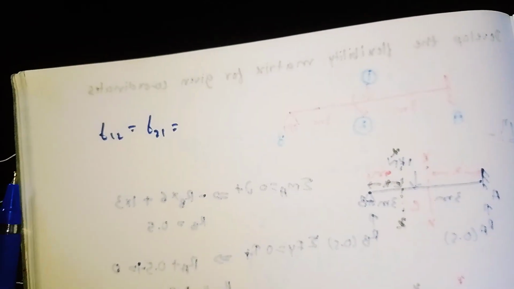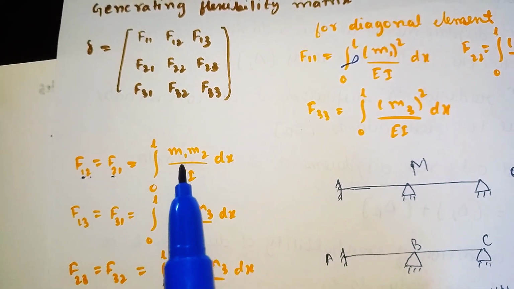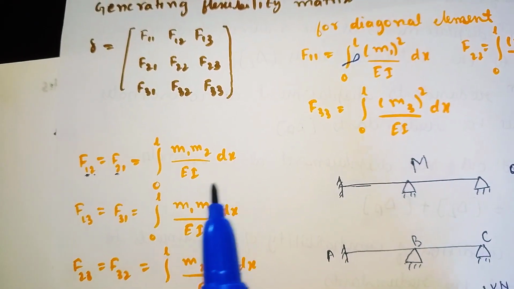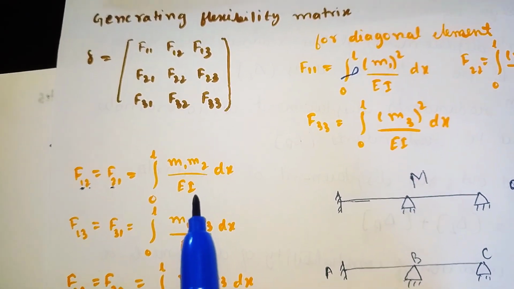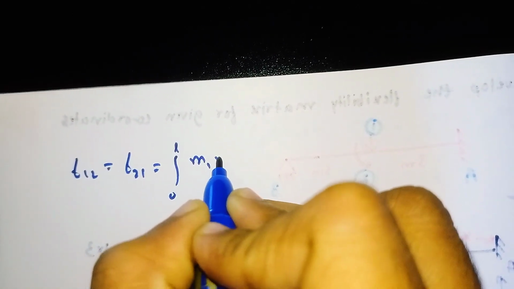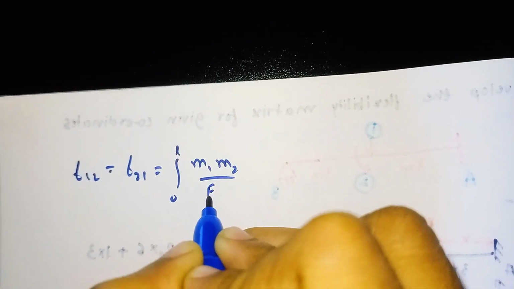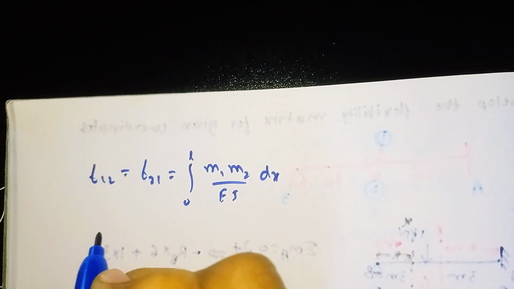For F21 and F12 we have the same formula: integration of 0 to L of m1 m2 divided by EI into dx. By using this formula we will calculate F12 and F21.